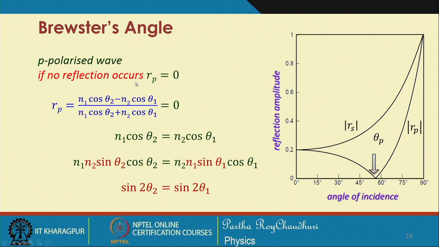So, for p polarized light if there is no reflection, R p equal to 0, and that gives you the condition that n 1 into sin theta 1 equals n 2 into sin theta 2. If you connect these two, you can write that sin 2 theta 2 equal to sin 2 theta 1.